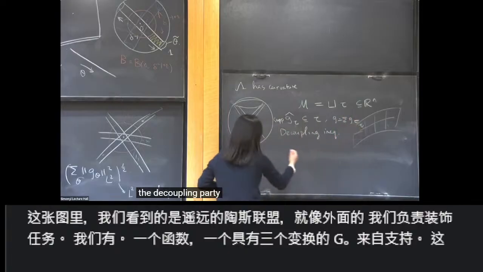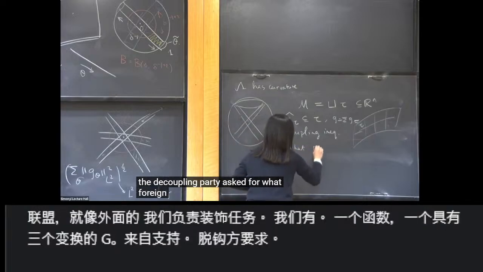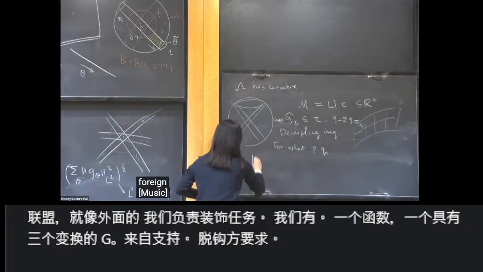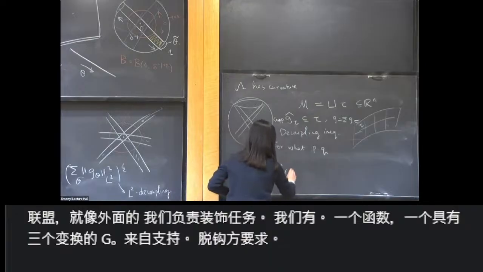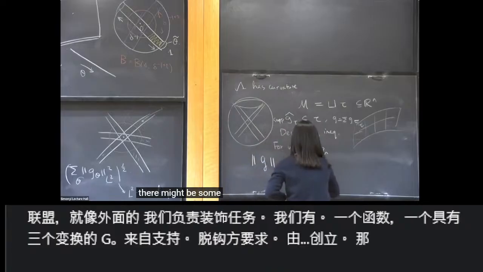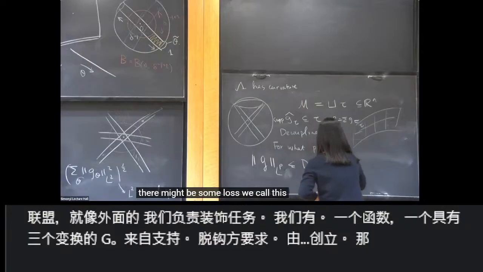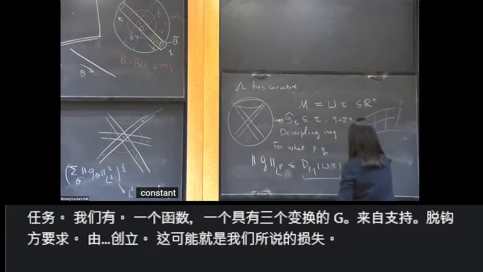The decoupling inequality asks for what P and Q such that the LP norm of G is bounded by, there might be some loss, we call this the decoupling constant, times the sum over G tau.